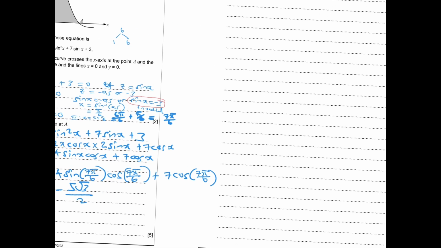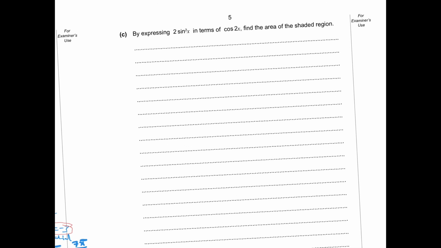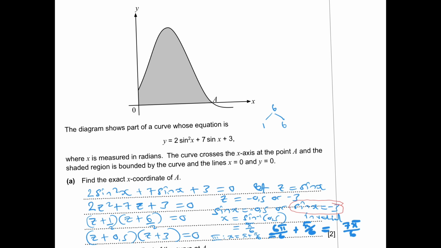Now moving on to integration, the third part of the question there. By expressing 2 sine squared x in terms of cos 2x, find the area of the shaded region. Now I want you to remember here that for us to get the area under a graph, we need to integrate this. So we are going to integrate this part here.